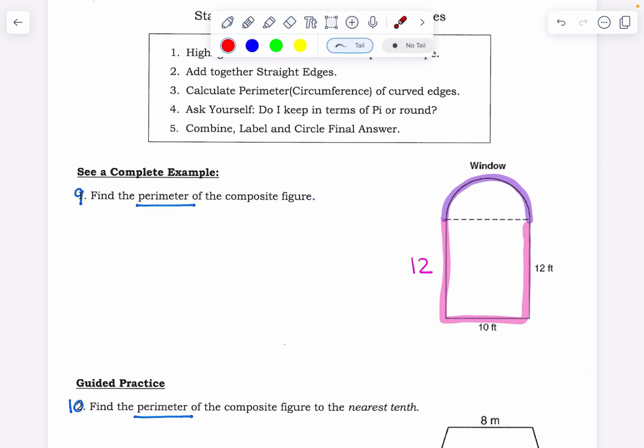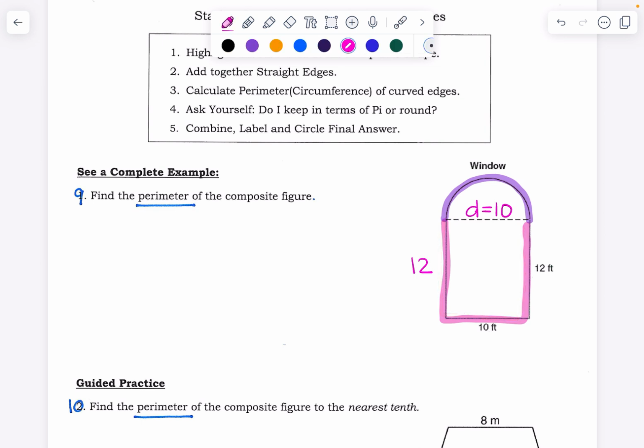And if this side is 10, the top would be 10. That means the diameter of that circle is 10. So I want to add 12 plus 10 plus 12.